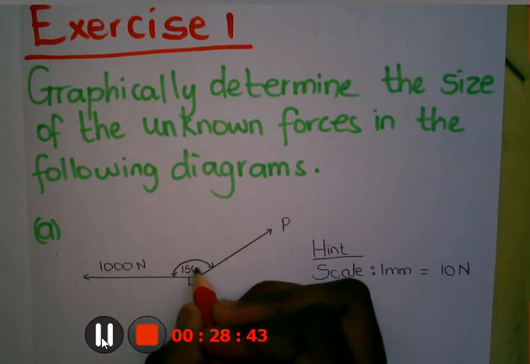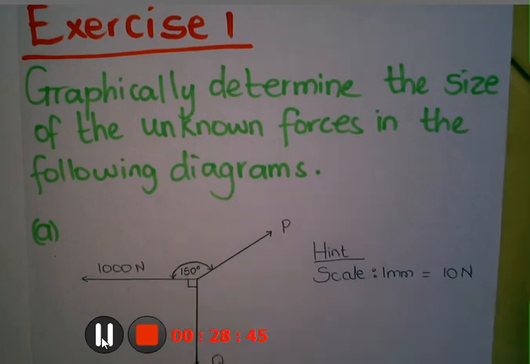That angle is 150 degrees, and then you have a 90 degrees. You have a 1000 Newton force, and the unknown forces are P and Q, and the scale, I gave you a hint to use a scale of 1 millimeter equals to 10 newtons. So we have a bit of calculations to do there.